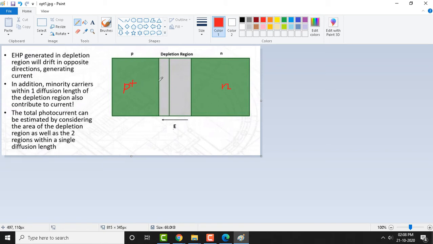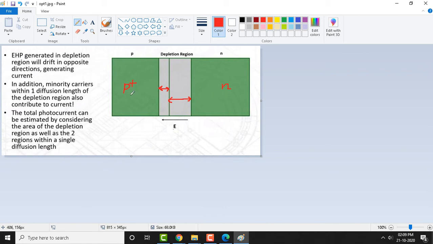You can see from the depletion region. Based on the depletion region, you can say this is a p plus n junction, because this is the middle of the depletion region. See the depth on the n side, it is large, and on the p side it is narrow. So the depletion width is more extended towards the n side.